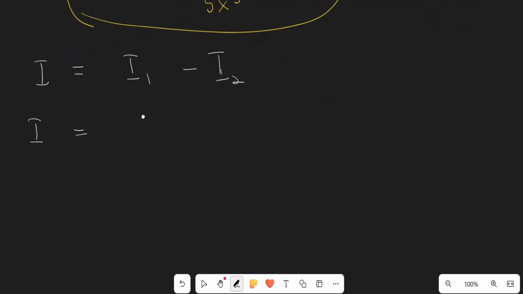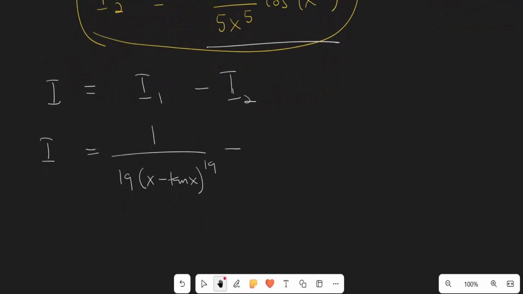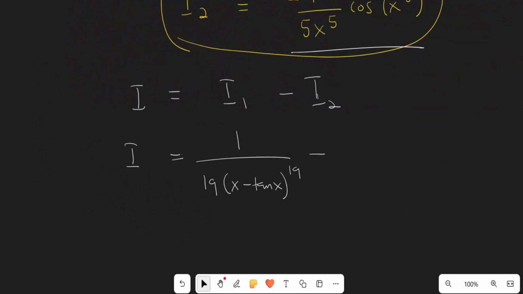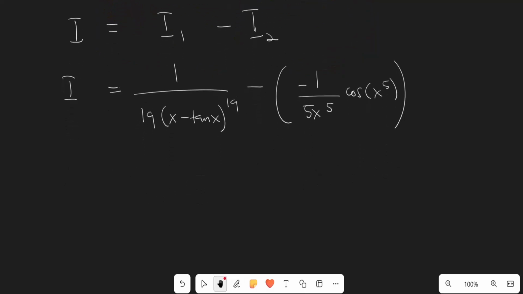We got that to be 1 all over 19 x minus tan of x raised to the power 19 minus the value of the second integral, which is this one, I2, which is negative 1 all over 5 x raised to the power 5 cosine of x to the power 5, like this.